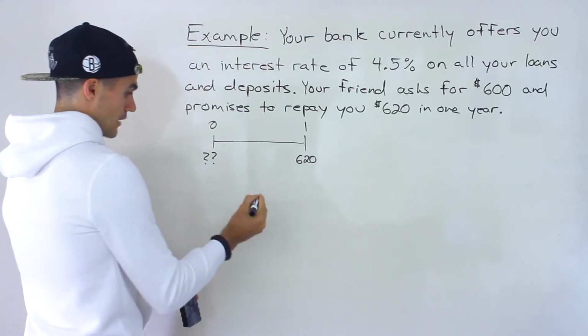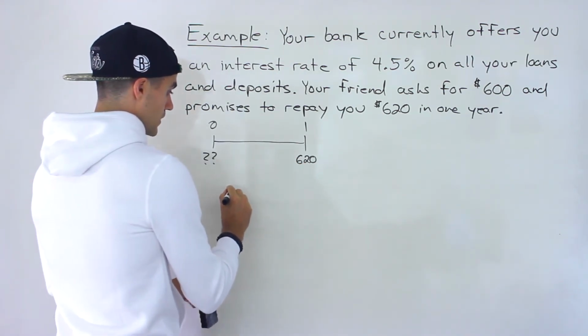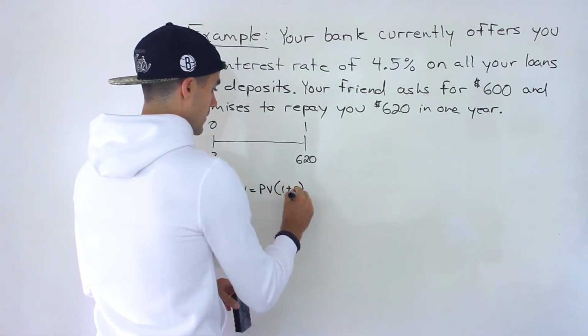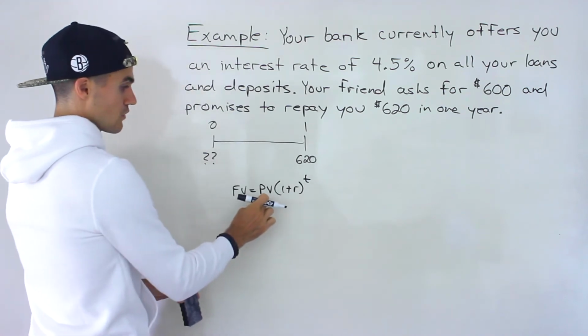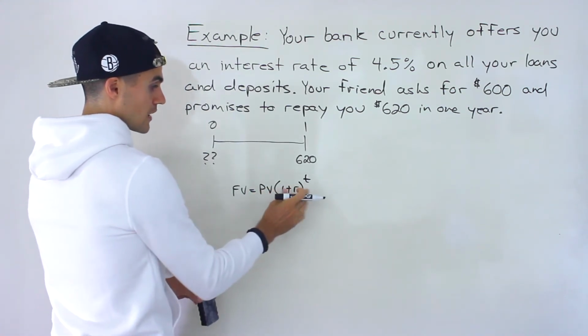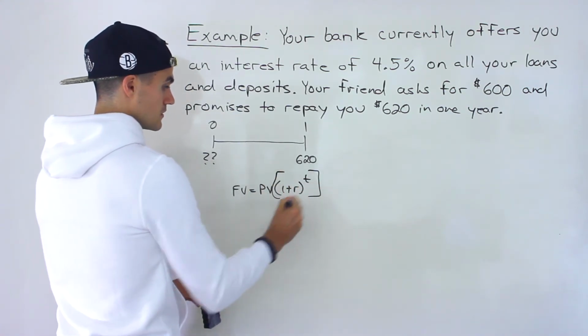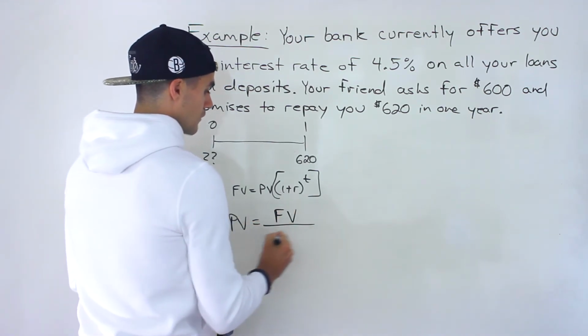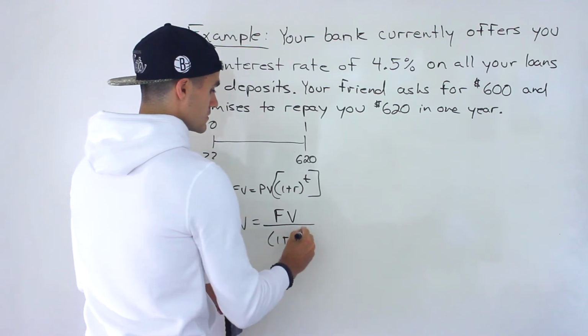Algebraically, we've got future value equals present value times 1 plus r to the power of t. We're solving for PV, so we can divide both sides by this expression to isolate the PV. That would be the future value divided by 1 plus r to the power of t.